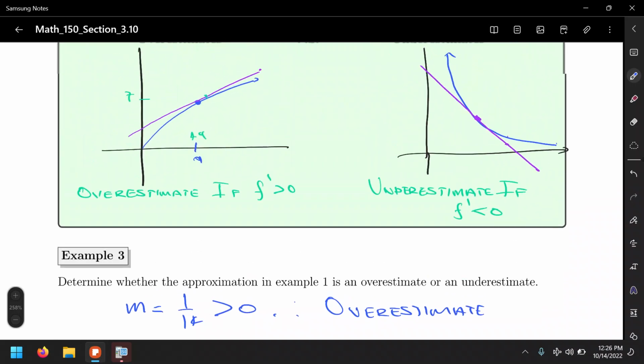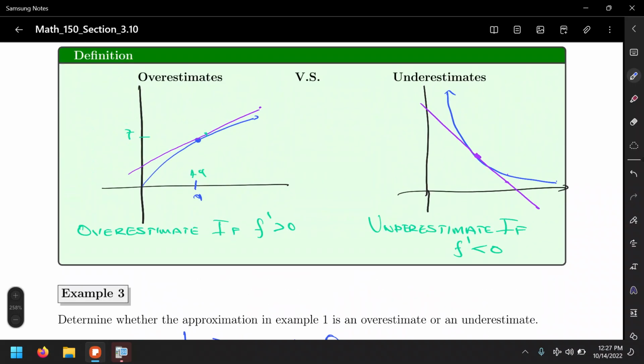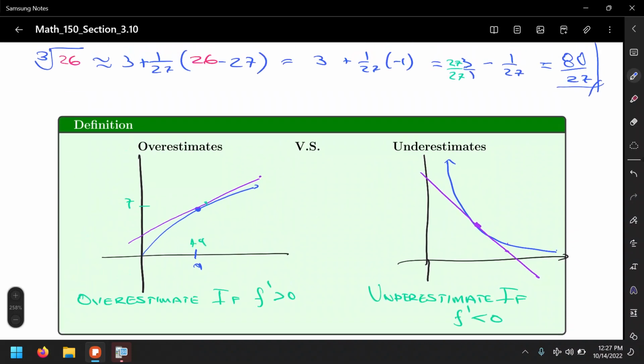Exactly, and that's going to depend on the nature of the function that we have, because for this curve in the overestimate, we have the tangent line lying above the function, so the approximations are going to give us values that are slightly larger than the actual values. On the other hand, for a decreasing function, the tangent line is always going to lie below the graph of the actual function.